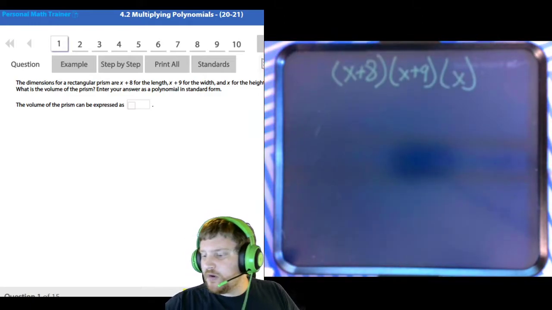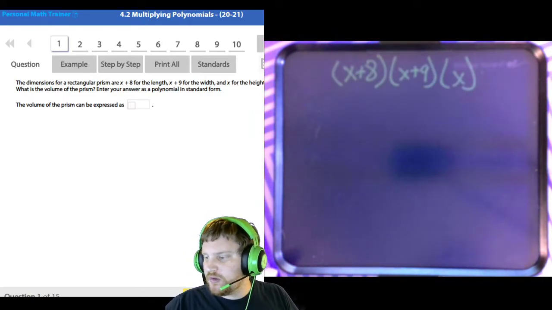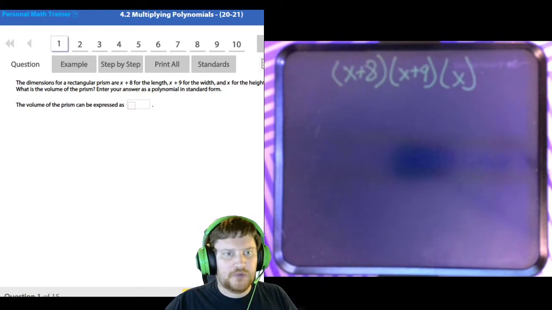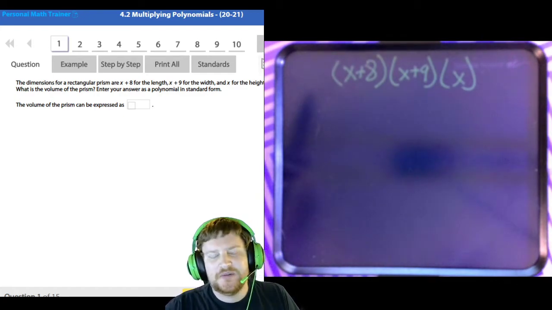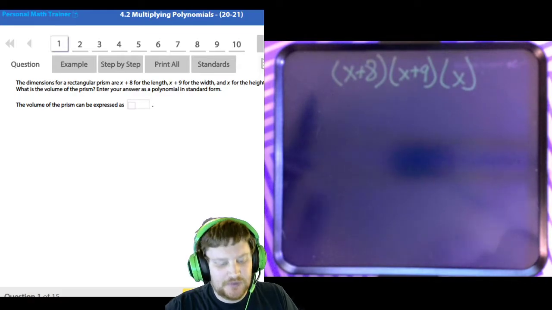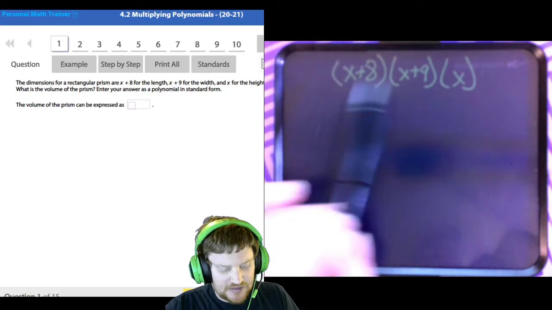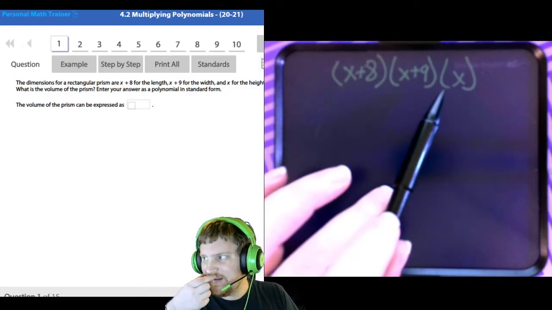And we remember that when we're doing multiplication, we can distribute straight through, and that the formula for the rectangular prism's volume, basically this is just a fancy way of saying a box, is length times width times height.